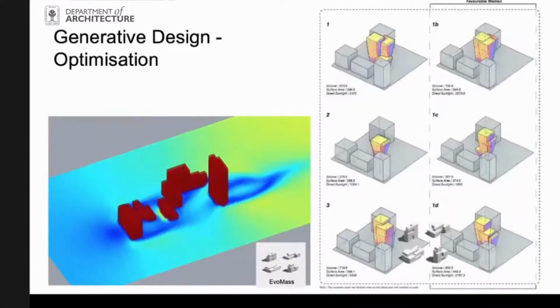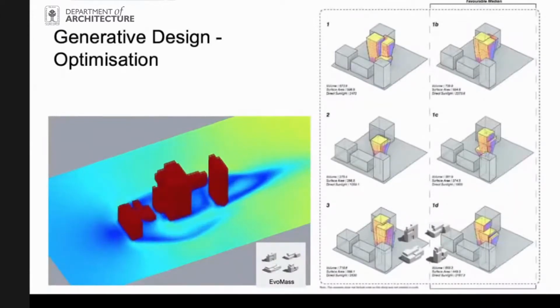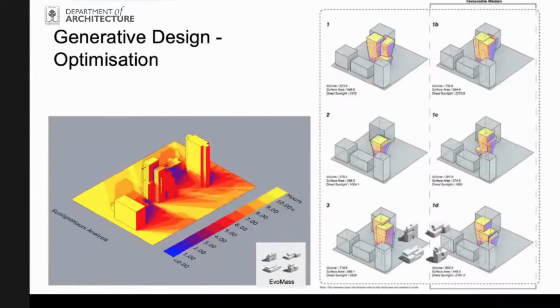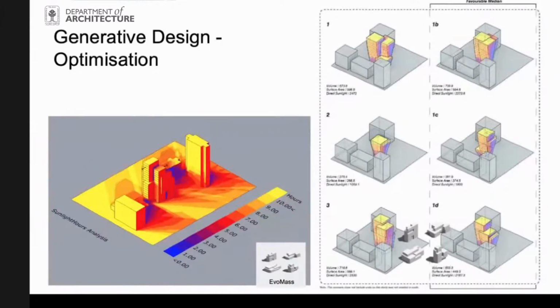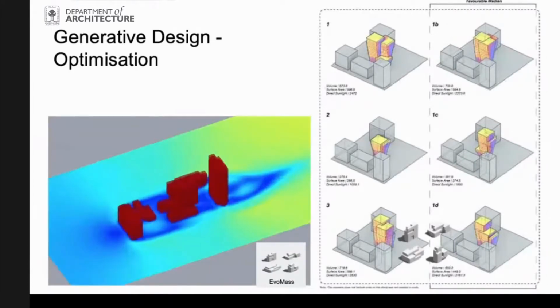The next one, we can also use generative design. In the previous sample we used 4 or 6 alternatives, but if you want to have more than one iteration, we can utilize generative design to optimize any building performance that you want.